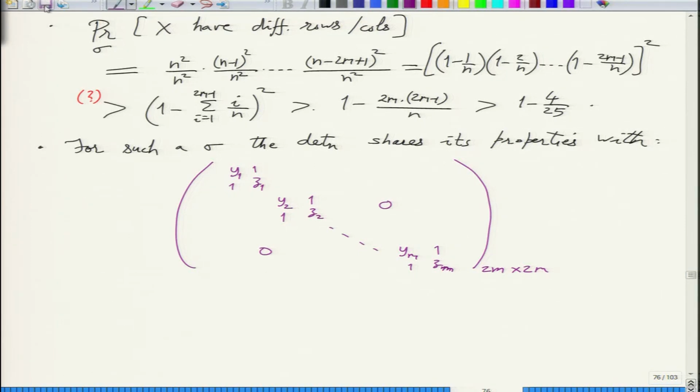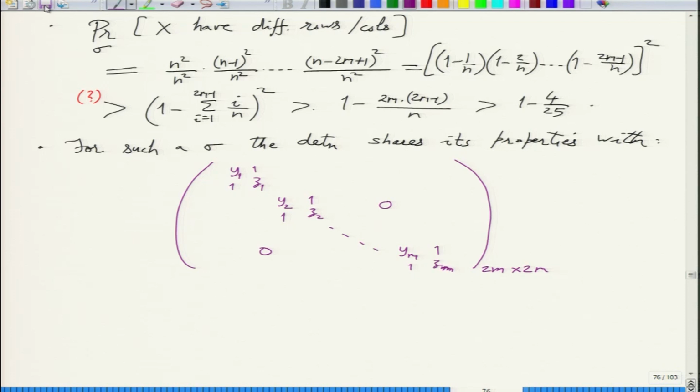This will need some explanation, but I will not go into all the details. You started with the n cross n matrix, and you fixed a lot of variables, leaving only 2m variables free. Assuming these free variables are organized in a diagonal fashion, this 2m cross 2m matrix is the symbolic part.